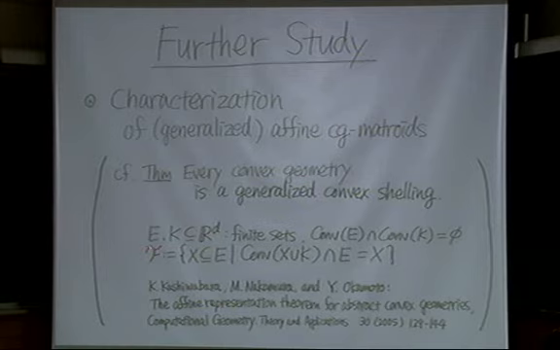This is a little bit generalized. There are some k and some condition. This is the definition. This characterization is shown in this paper, and I want to consider some generalized affine CG matroids.